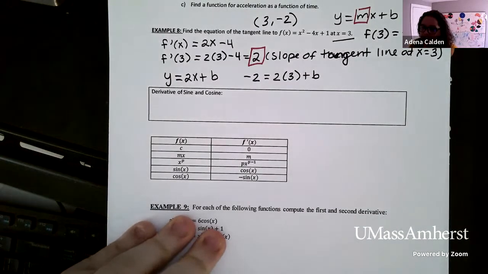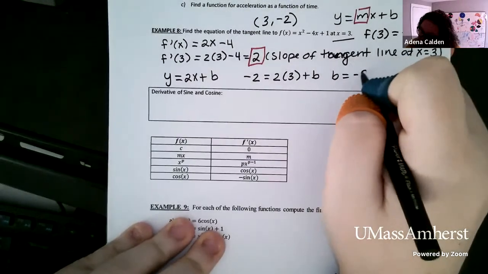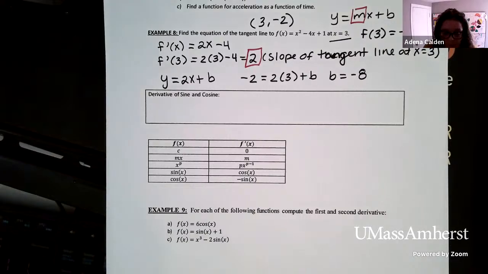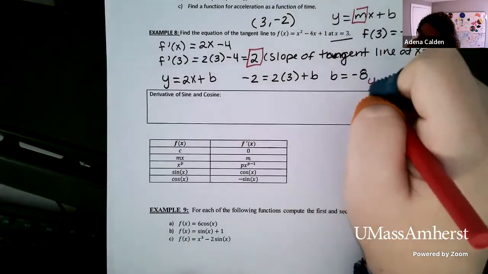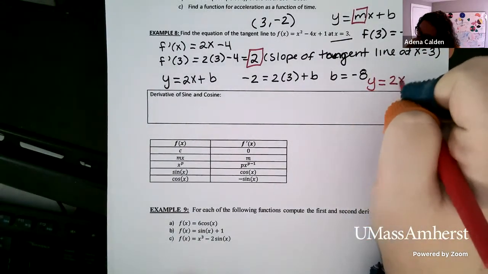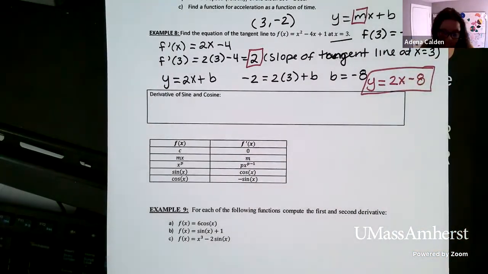I subtract the 6 over to the other side, and I get b equals negative 8. Now I have the slope and I have the b, so I can put it all together to get the equation of my line, which is y equals 2x minus 8.